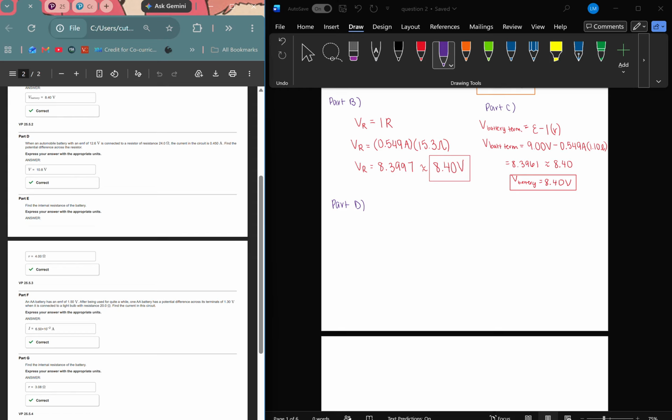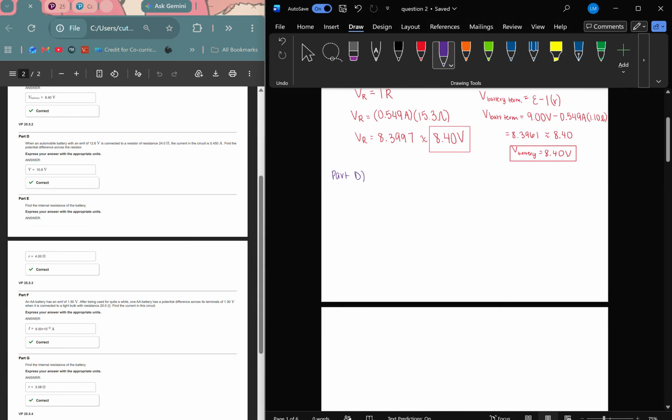When an automobile battery with an electromotive force of 12.6 volts is connected to a resistor of resistance 24.0 ohms, the current in the circuit is 0.450 amperes. Find the potential difference across the resistor. So this would be a little simpler, since we are given most of the information. So let's go ahead and draw the circuit, similar to the circuit that we drew in part A.